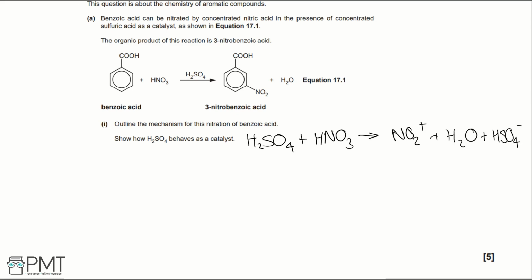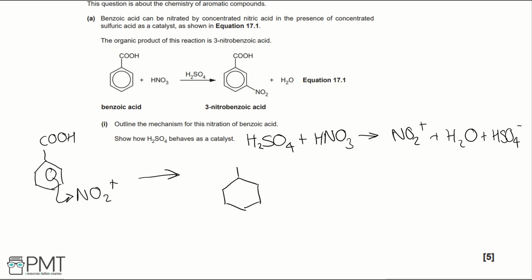a negative charge. In the first stage of this mechanism, we need to react our electrophile with benzoic acid. There should be a curly arrow from the benzene ring to the electrophile, and in the intermediate we draw a sort of smiley face to show where the nitrogen group is going to end up.